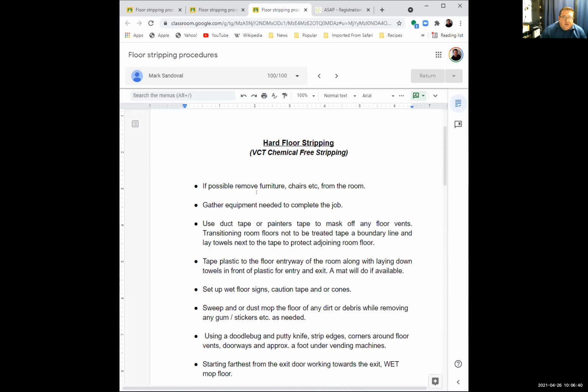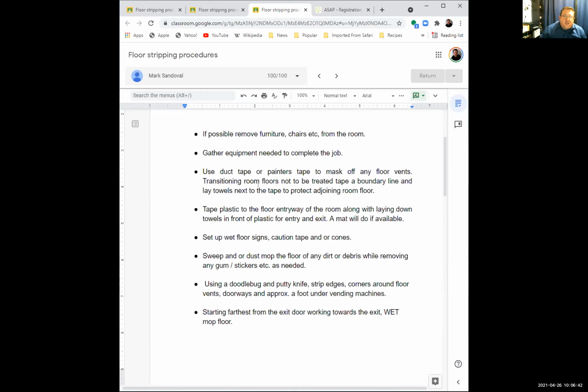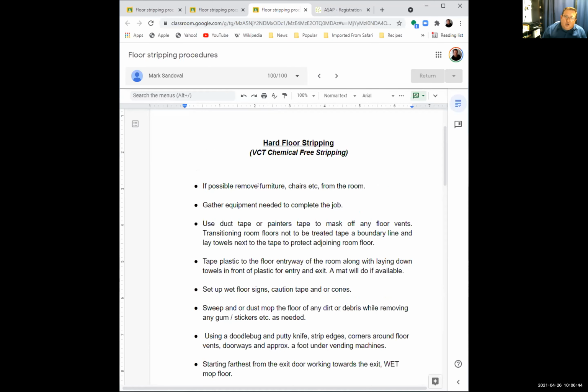Excellent. So one of the things I want you all to understand that we're looking for is, in putting these procedures together, think in terms of a leadership role: how would you instruct somebody else, your coworker? And what would you want as instructions for you in going about doing this job?